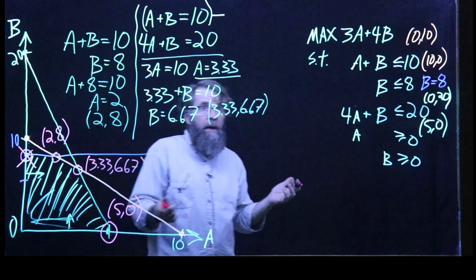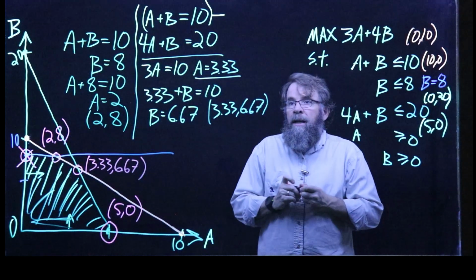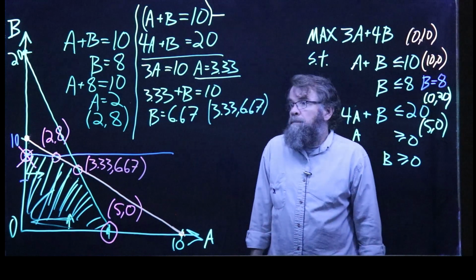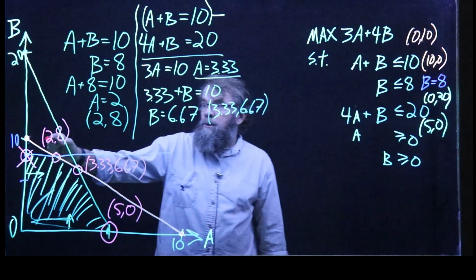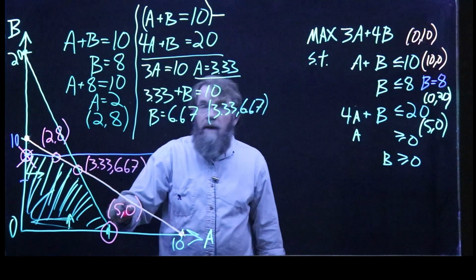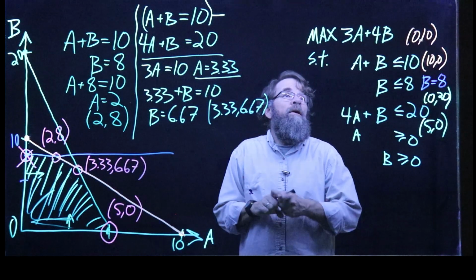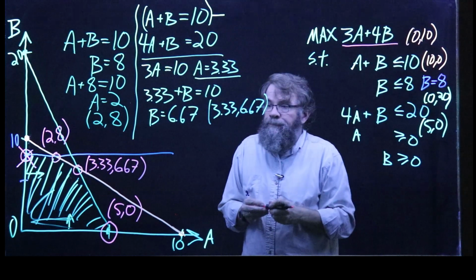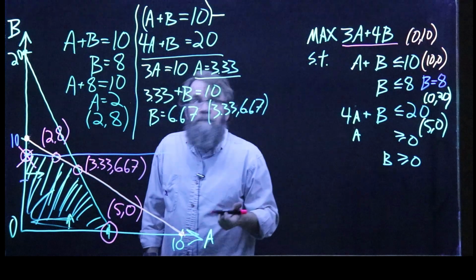Okay, so I have found the corner points, and now I need to know which one is going to make us the most money. So I'm going to plug 2, 8, 3.3, 6.7, and 5, 0 into our objective function 3a plus 4b, and whichever one makes us the most money is the winner.